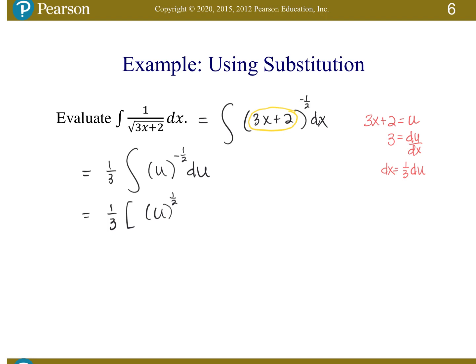Divide by 1/2, which would be the same as multiplying by 2, and then add plus c, and then change it back. So I'll end up with the 1/3 and the 2 making a constant of 2/3. And then in the parentheses, I'll put back 3x plus 2 to the half plus c.